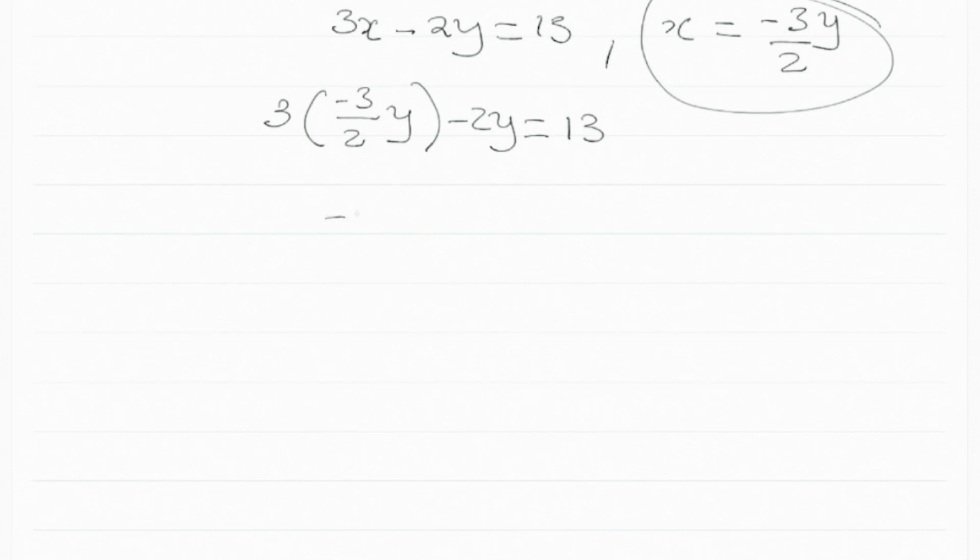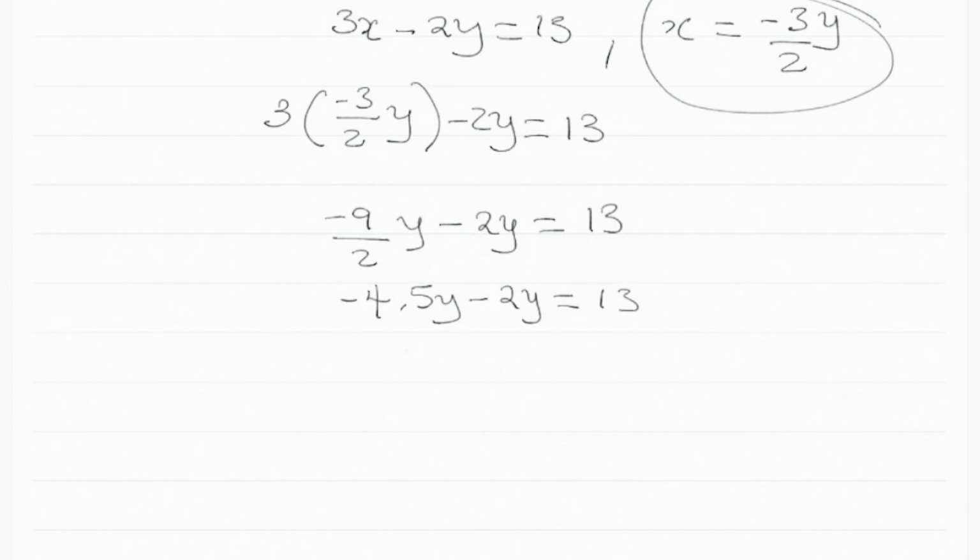This is going to give us negative 9 over 2 y minus 2y is equal to 13, which is as good as negative 4.5y minus 2y is equal to 13. So negative 4.5y minus 2y is going to give you negative 6.5y equals 13.